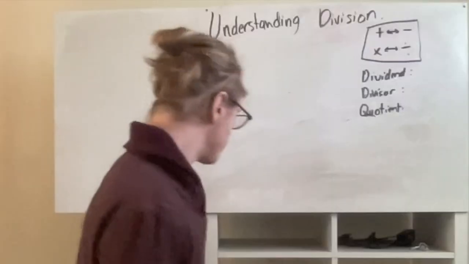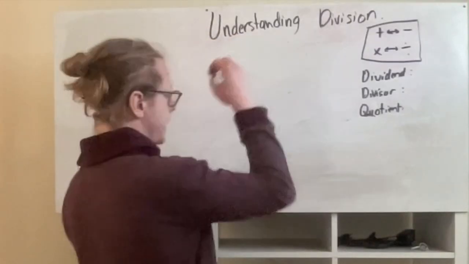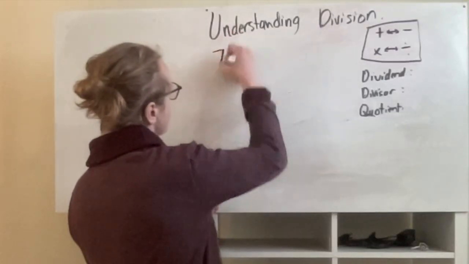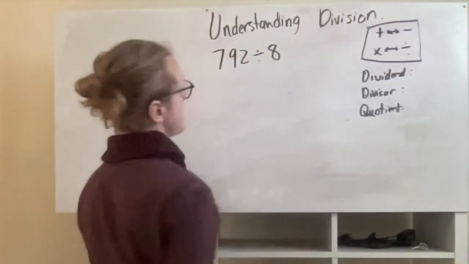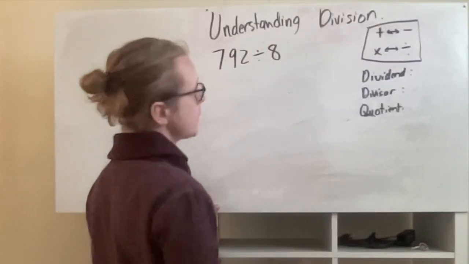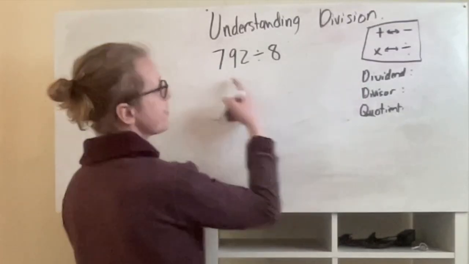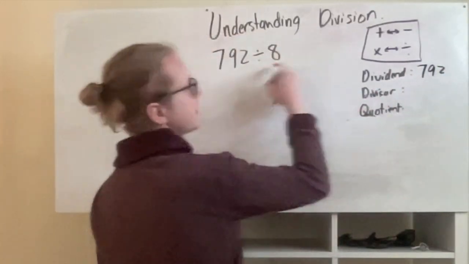Okay, let's look at 2 more mental division problems here. And again, we're going to think about how we can use our times tables. So we're going to start with 792 divided by 8. Okay, terminology. Our dividend here, 792. Our divisor is 8.